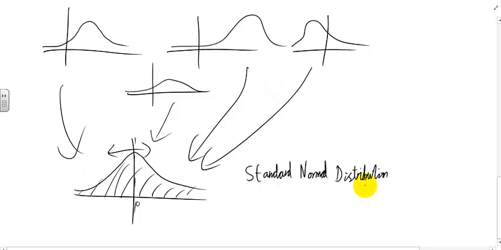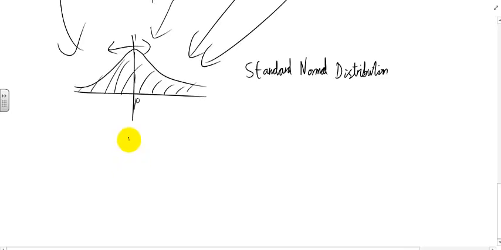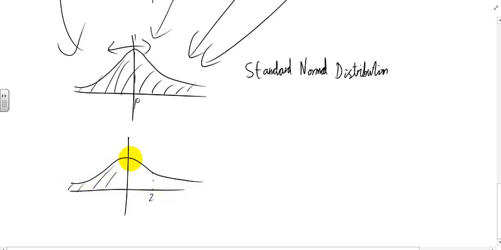There is one more difficulty in that the table only tells us the probability of a value less than such a number. So it doesn't tell us the probability of a value bigger than a certain number.